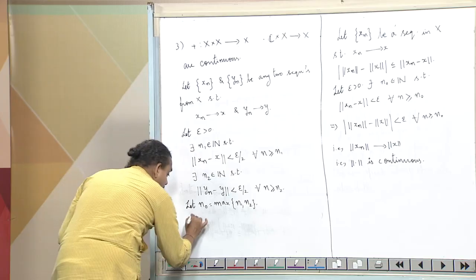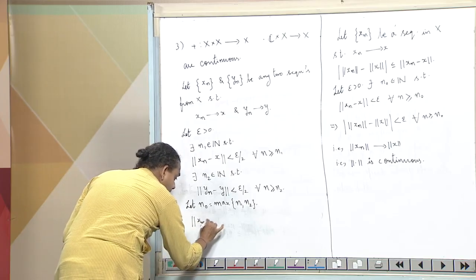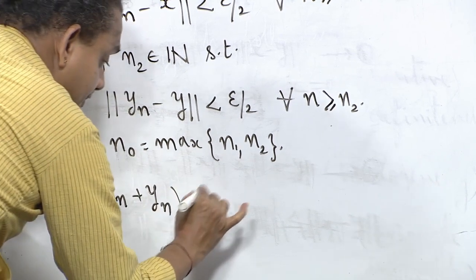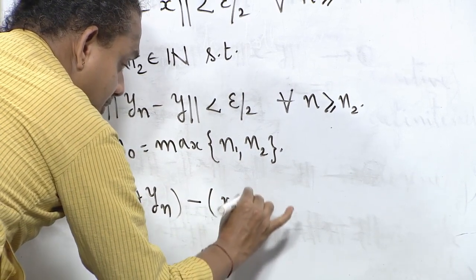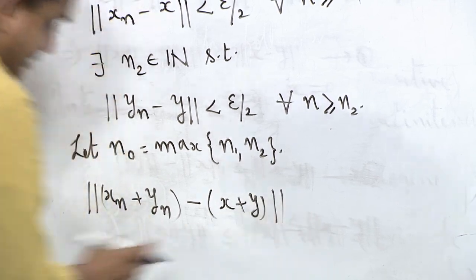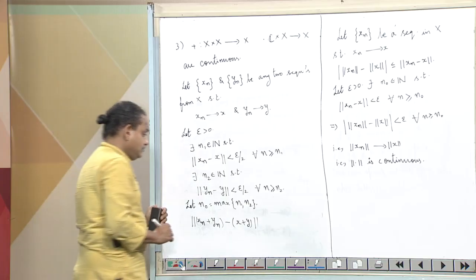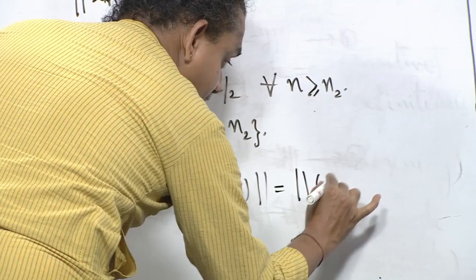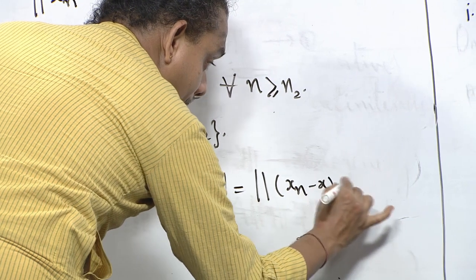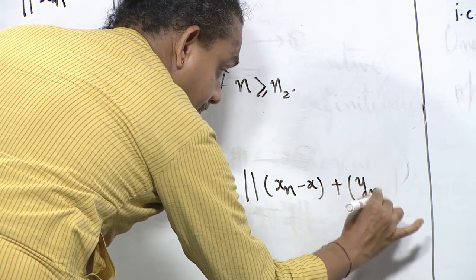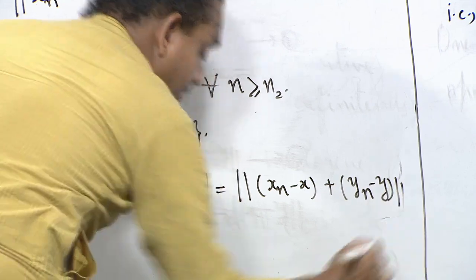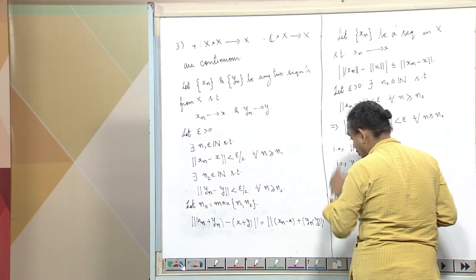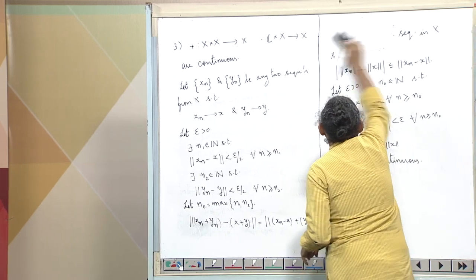So, now we will have to show that x_n plus y_n converges to x plus y. So, let us subtract it from x plus y. We will have to estimate this difference. Let us rearrange, this is x_n minus x plus y_n minus y. Now, we are going to make use of the triangle inequality.